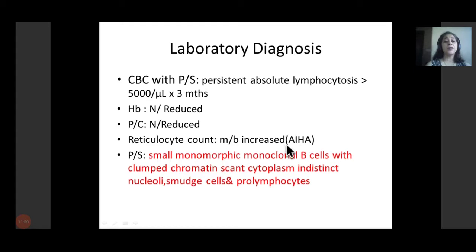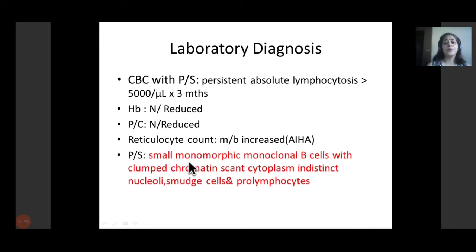A patient might not die of CLL per se, but can die of complications of AIHA if not recognized and treated on time with a simple treatment of steroids and, of course, the treatment of the disease as well.